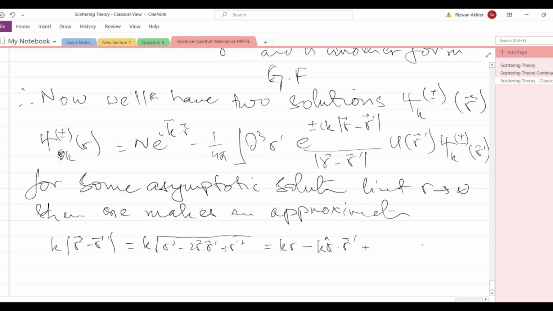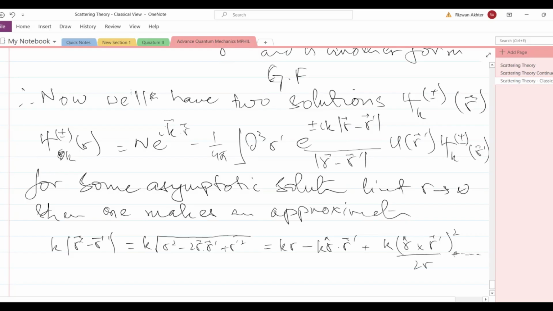So we would have a normalization factor, which we use, which is why this r cap came. So similarly the higher order terms would be r cap times r prime vector whole square upon 2r plus so on.